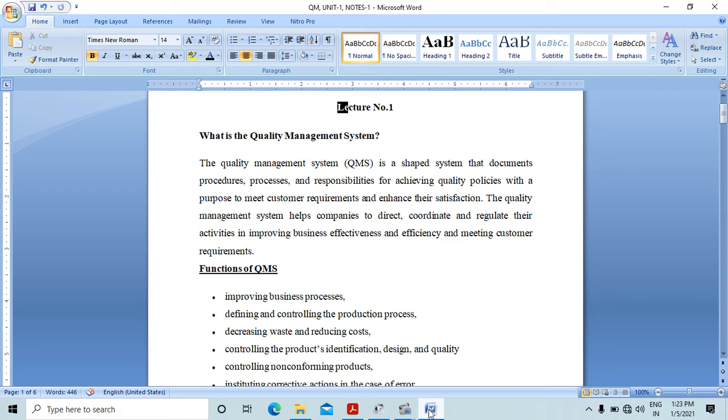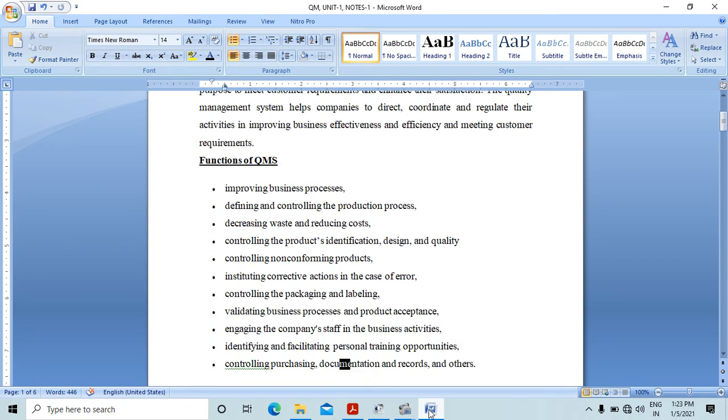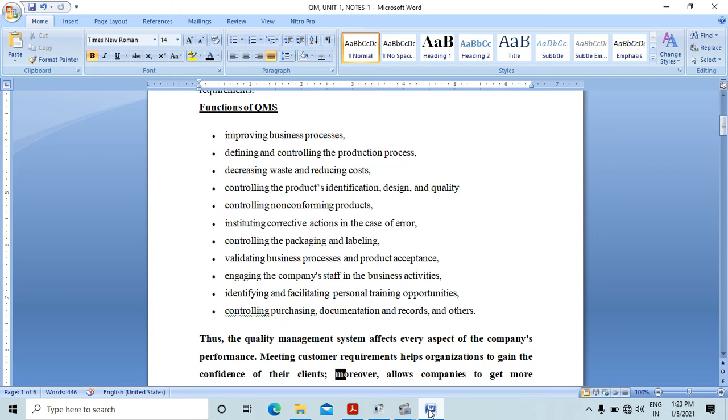Now, the functions of the quality management system. Following are the functions of the quality management system, such as the quality management system improves the business processes.